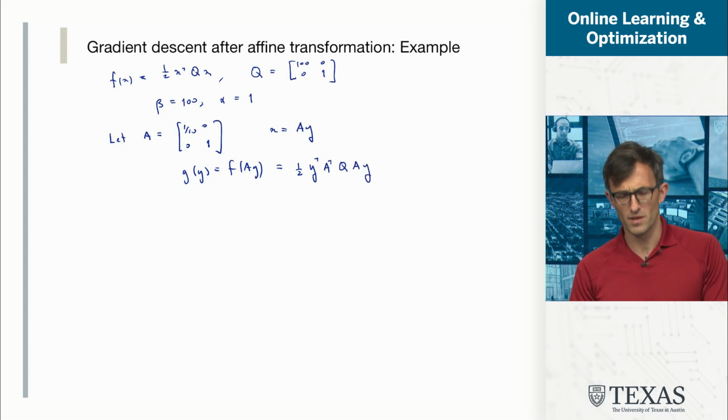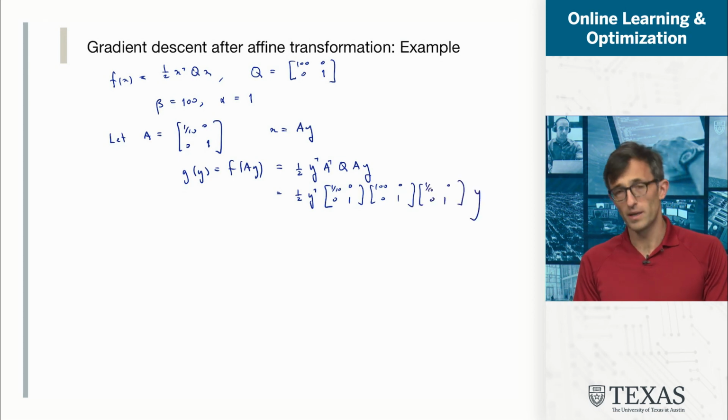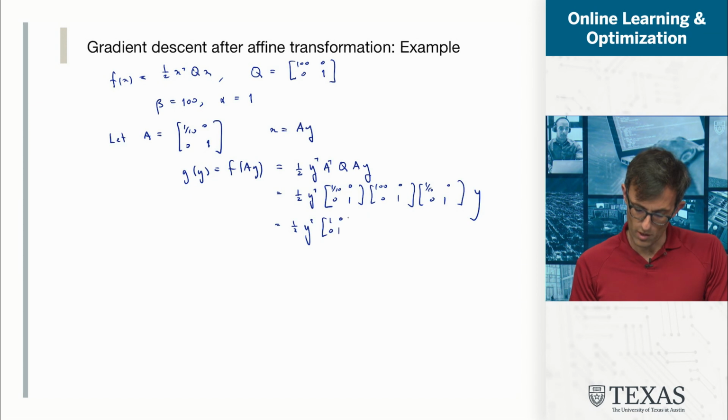This is easy because everything inside is diagonal. This is 1/2 y transpose times the matrix [1/10, 0; 0, 1] times [100, 0; 0, 1] times [1/10, 0; 0, 1] times y. Multiplying these three diagonal matrices, we get 1/2 y transpose [1, 0; 0, 1] times y, or just 1/2 y transpose y.